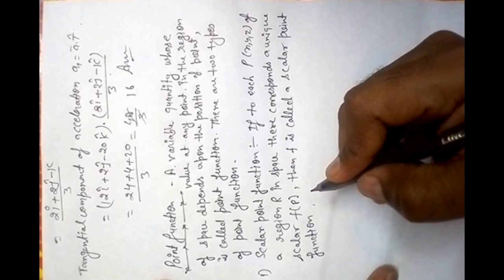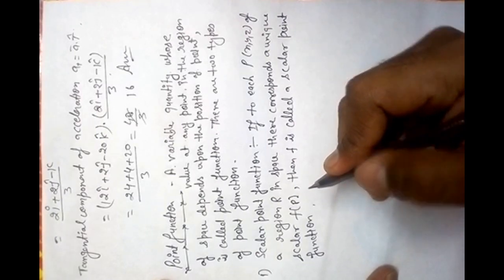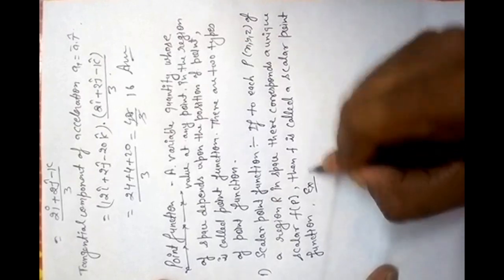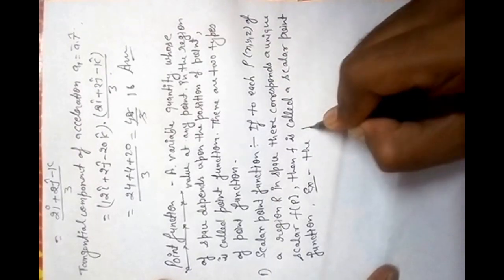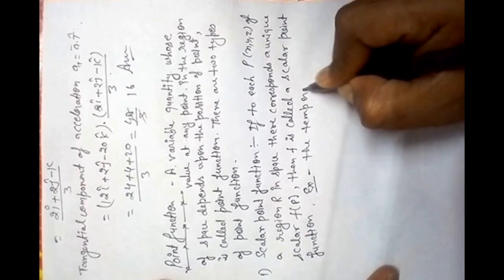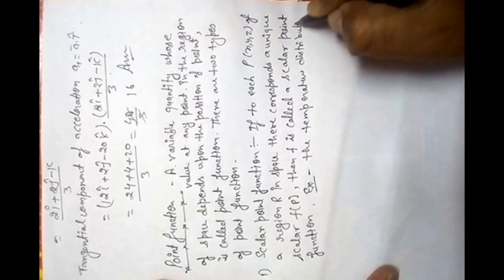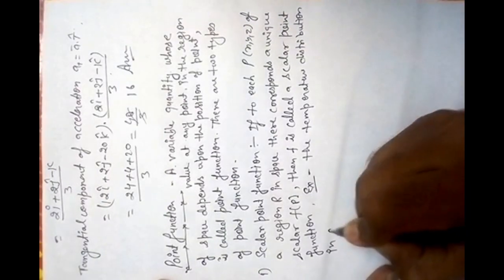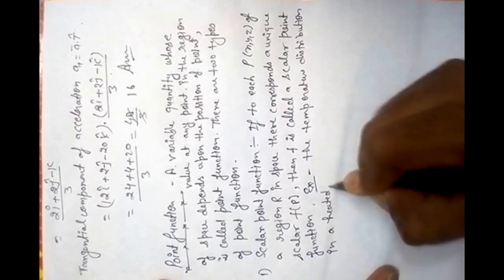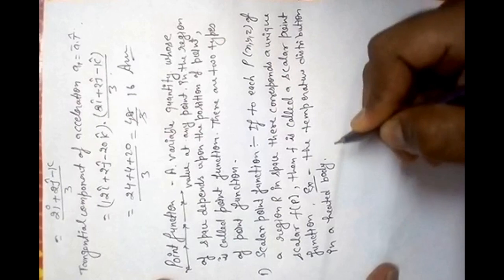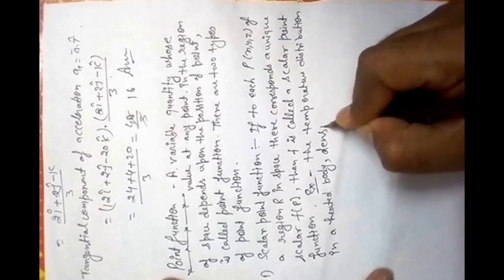For example, the temperature distribution in a heated body. Density of a body. Is vector. Okay, second is vector point function.